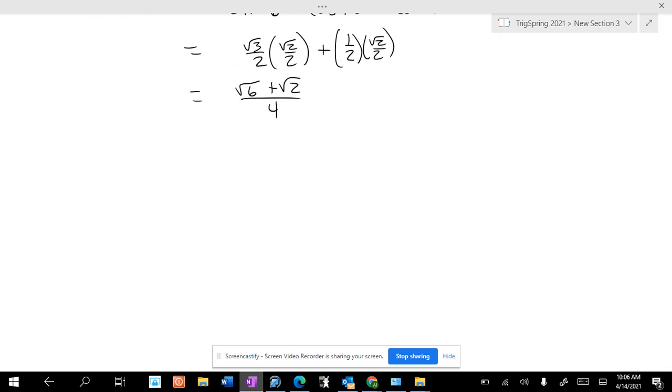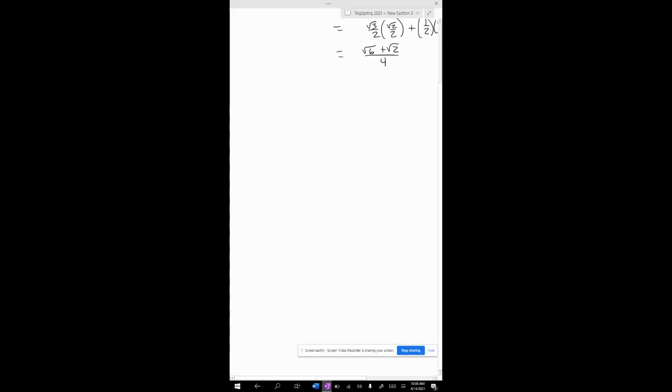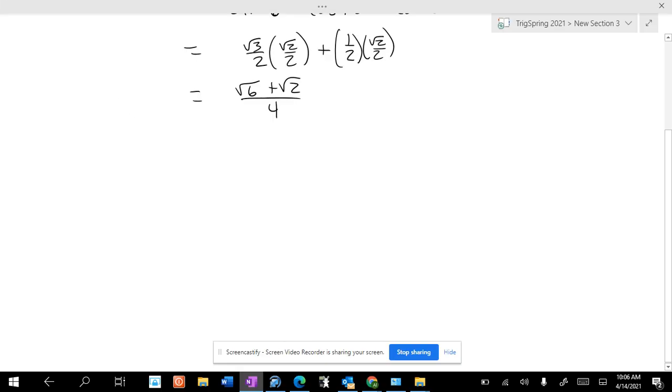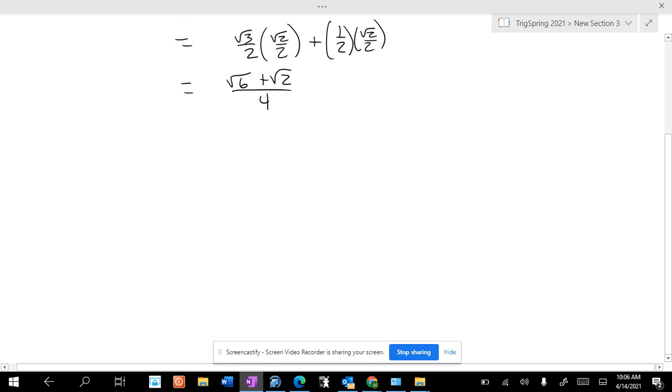So what if you have one with radians in it, like the sine of pi over 12? What makes pi over 12?